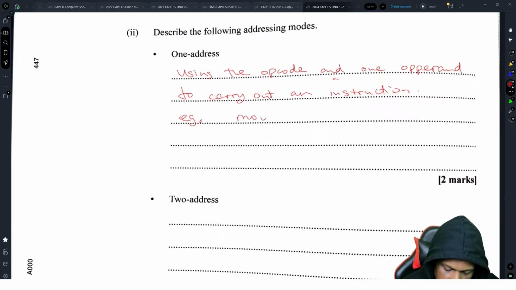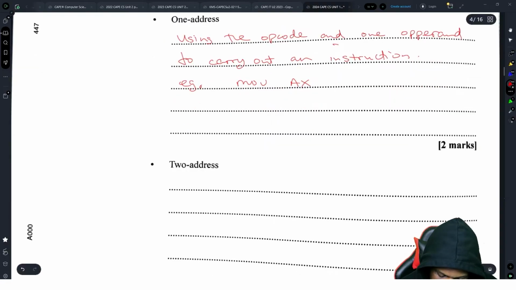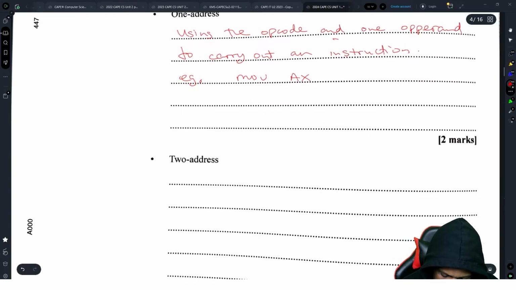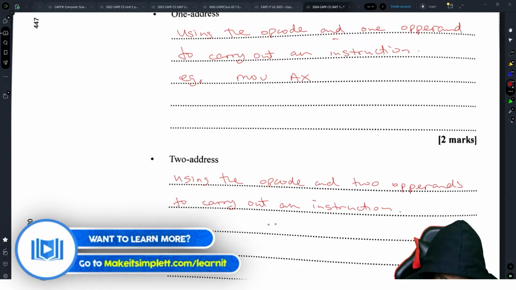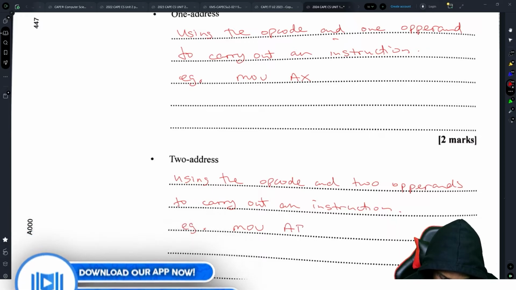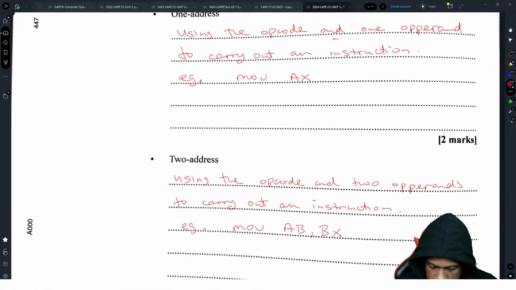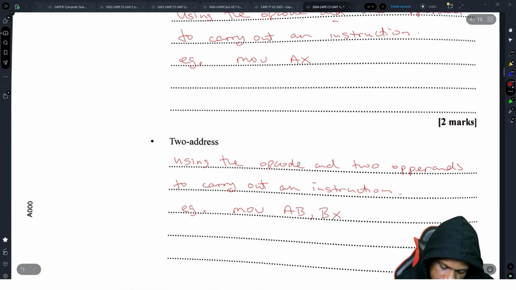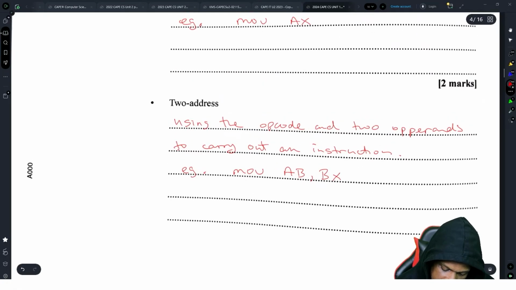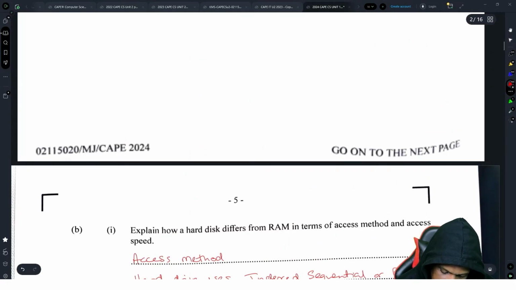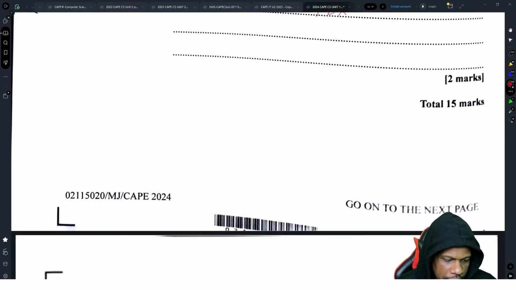That's one address. Two address: using the opcode and two operands to carry out an instruction. Example, move AX, comma, PX. Taking that. Alright, so first question, cake, eat, leave no crumbs. This is how we handle the first question there.